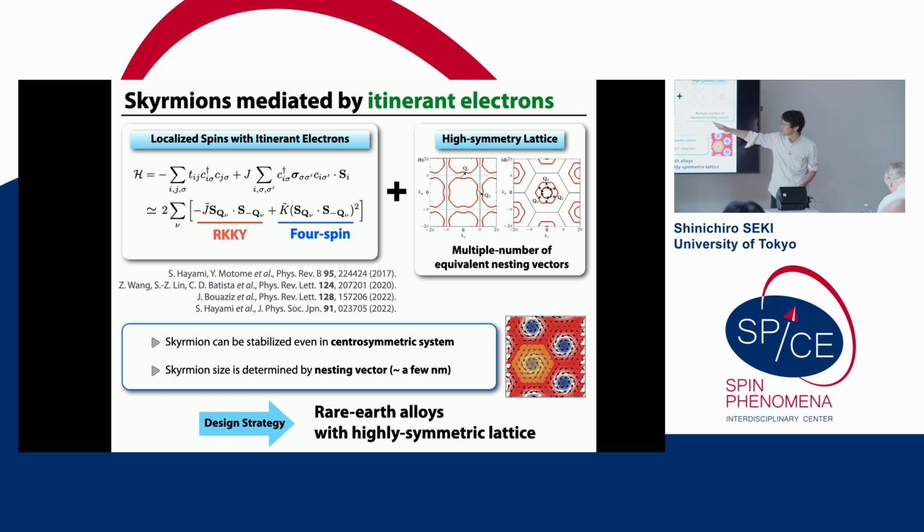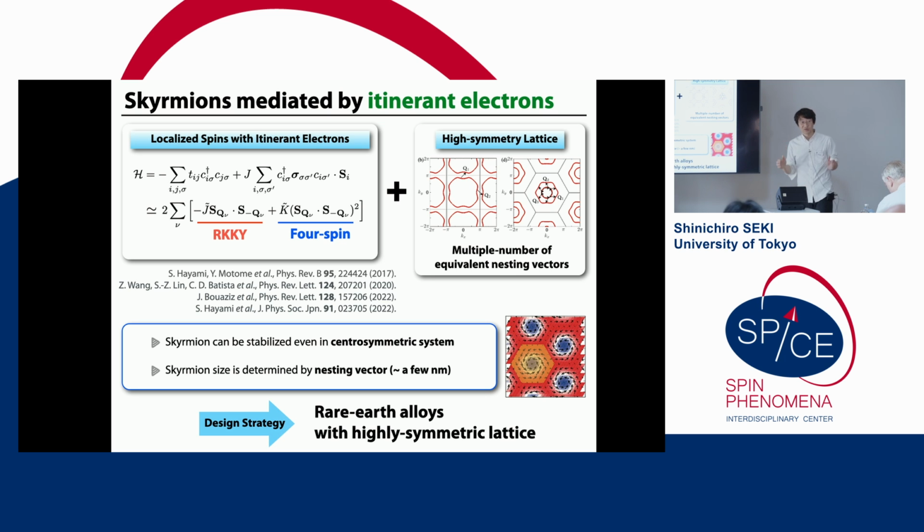The first term corresponds to the conventional two-spin RKKY interaction, and the second term corresponds to the higher-order four-spin interaction. If such a situation is realized under a highly symmetric crystal lattice, such as a tetragonal or hexagonal lattice system, then the interference of multiple equivalent nesting vectors leads to the stabilization of the skyrmion crystal state.